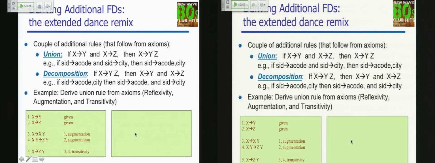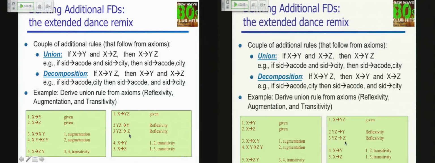You can do a similar thing for decomposition. Decomposition starts with x gives you y and z. We can use reflexivity, so we know if yz is true, y is true, and we know that if yz is true, z is also true. Now I'm going to use 1 and 2: x gives you yz, yz gives you y, therefore x gives you y.